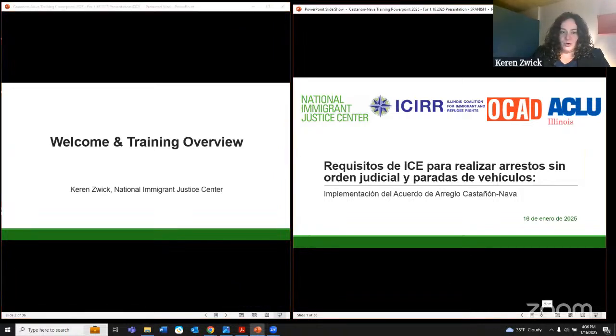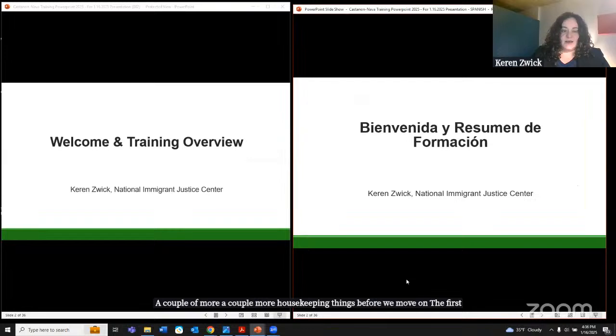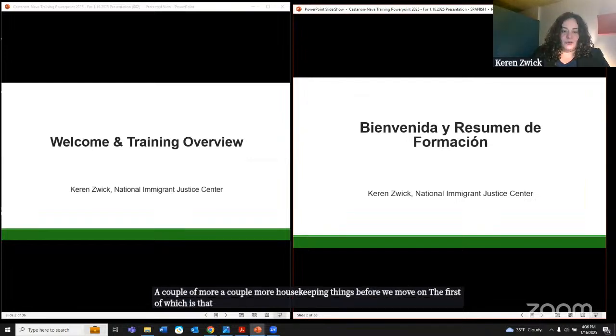A couple more housekeeping things before we move on. The first of which is that this is a large group. There are already more than 320 folks in this meeting, and we expect even more than that.